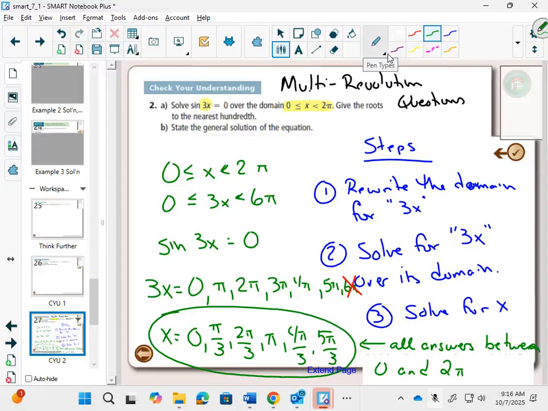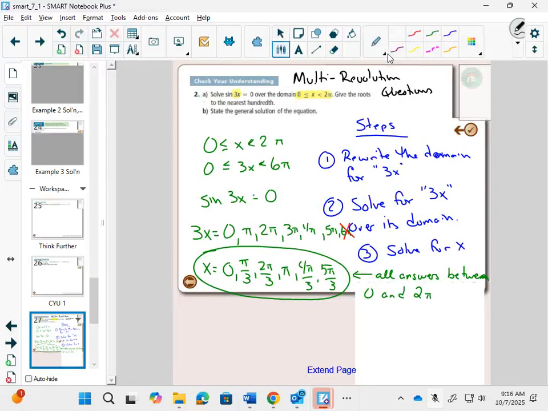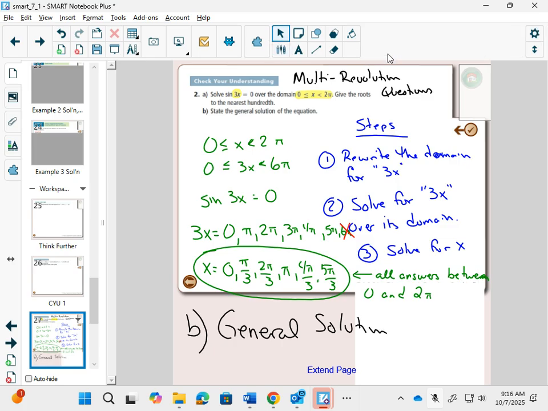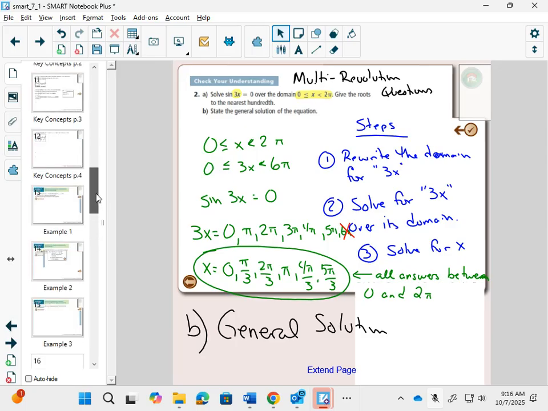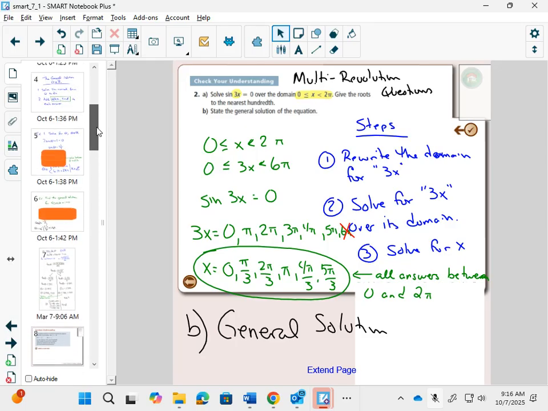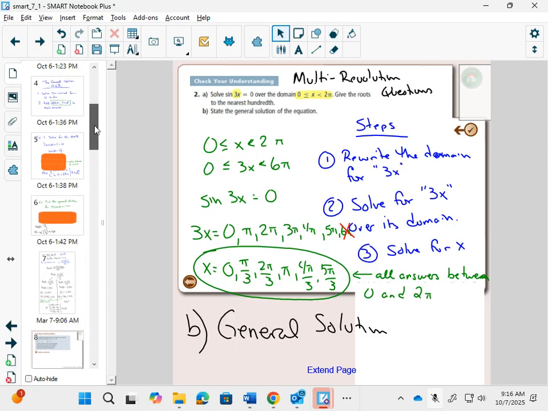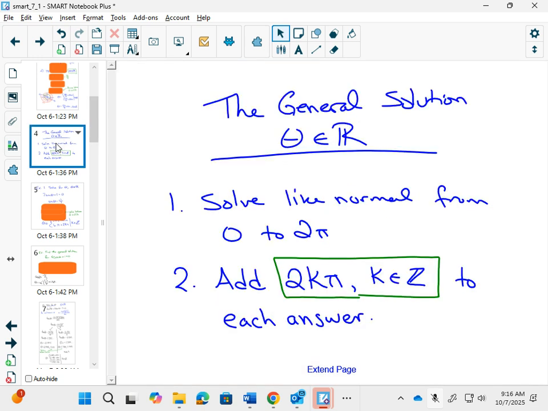Then part B. Part B is asking us to write out the general solution. So if you look back in our notes, we wrote down something about the general solution yesterday.